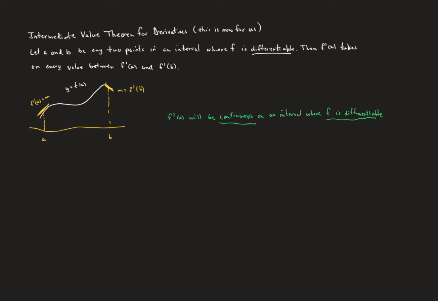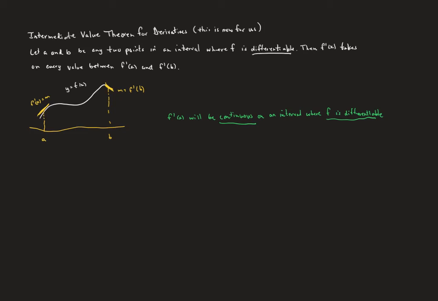This has a similar ring to the intermediate value theorem, where remember that the IVT is a theorem about continuity. It says if a function is continuous, then it will take on all the values between f of a and f of b.